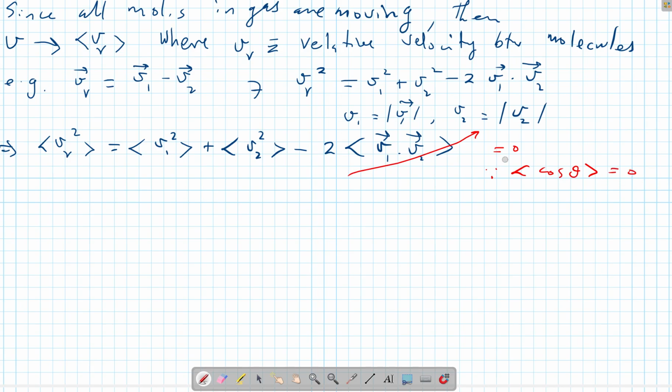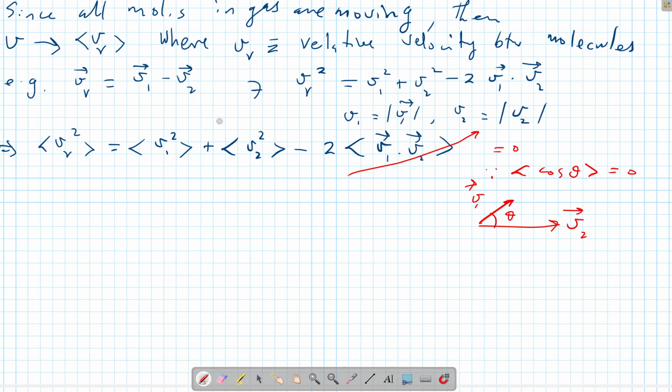If you do the average, it's going to be 0. And here theta is the angle between the velocity of molecule 1 and molecule 2. If this is the velocity of molecule 1, you have the velocity of molecule 2, and the angle between them is theta. For computing the dot product, cos theta finds its way in, and the average of cos theta is 0.